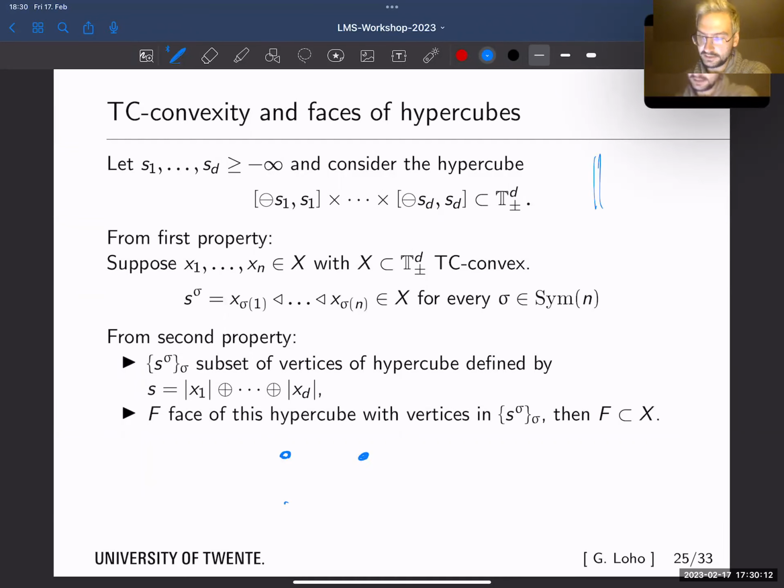And so the idea is, if we would have these 2 vertices, then suddenly this whole face would appear in the TC convex hull.